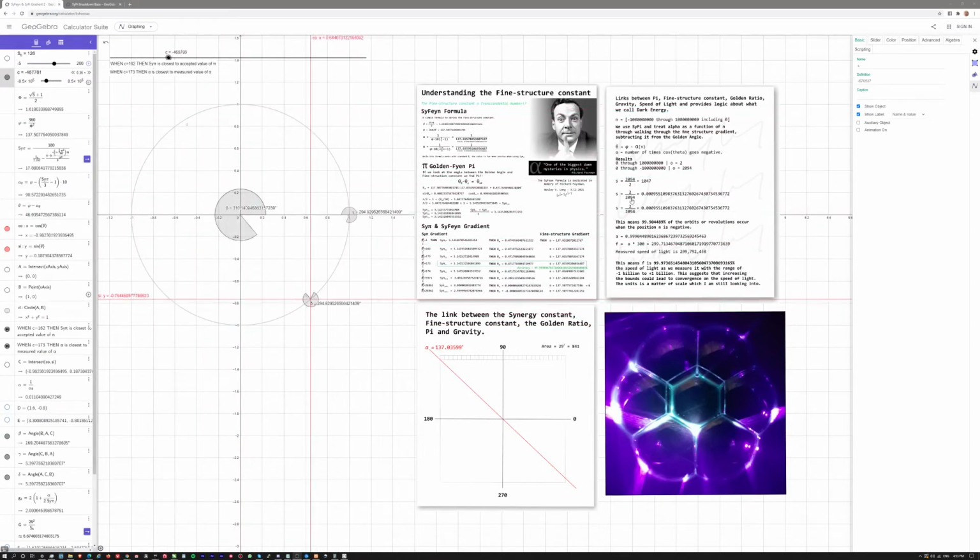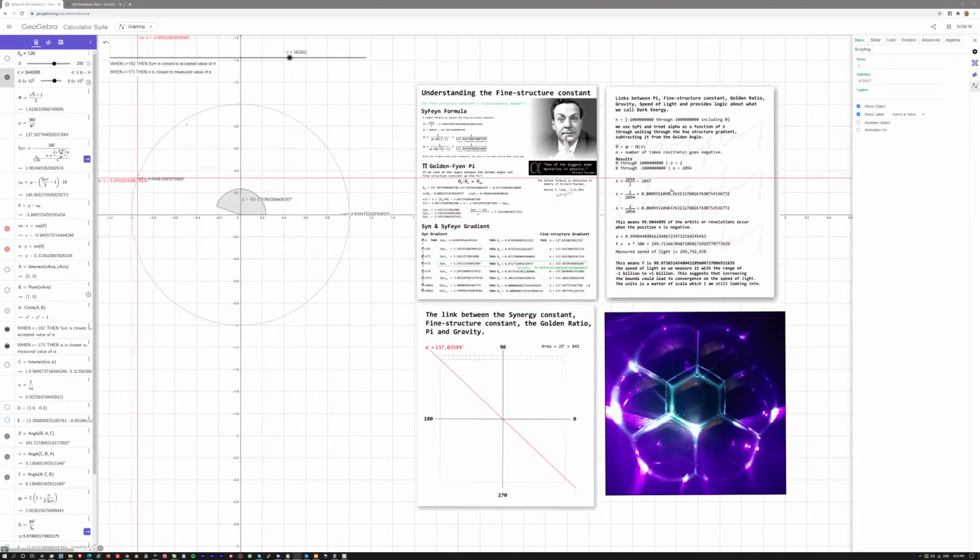And if you get the ratio, the actual percentage, it works out to basically 99.9044% of the orbits occurring on the negative side. Okay, so when n here is negative, then it holds 99.9044% of the orbits.